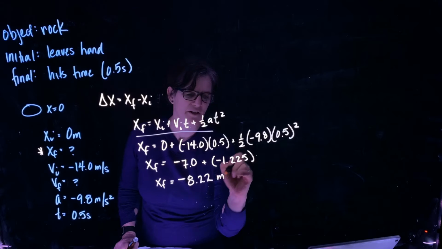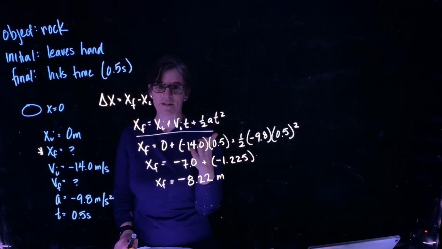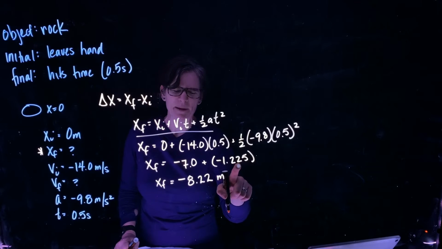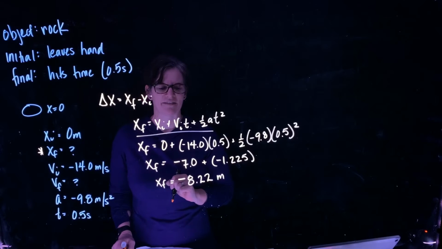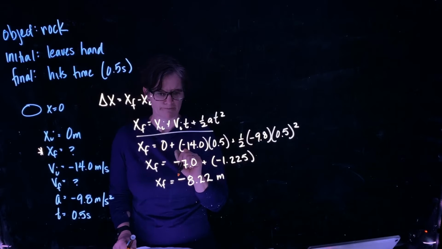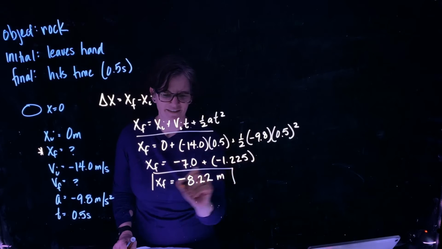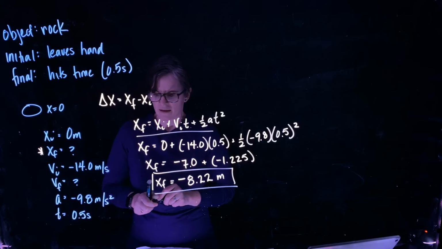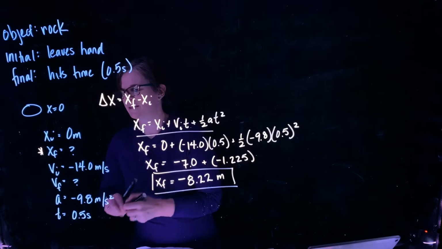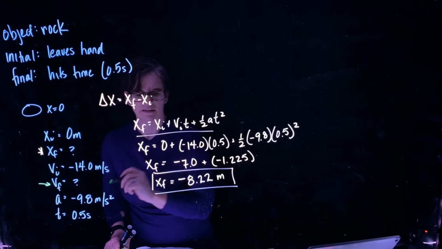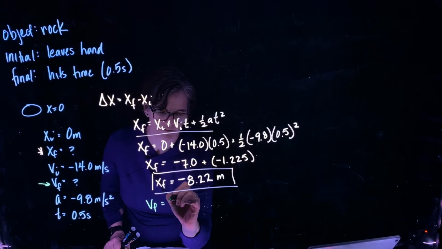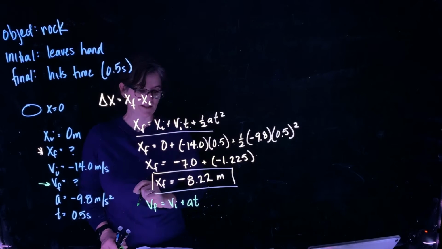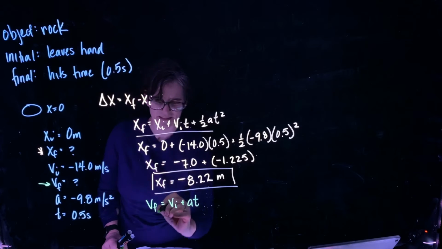8.225 meters. Now, I want to use 3 significant figures in my problem, and since that 2 is an even number, it stays even when rounded, so we end up with x final equal to negative 8.22 meters. Now we're also interested in knowing how fast it's going. So we can use our relationship for v final, which tells us that v final is equal to v initial plus the acceleration times time.